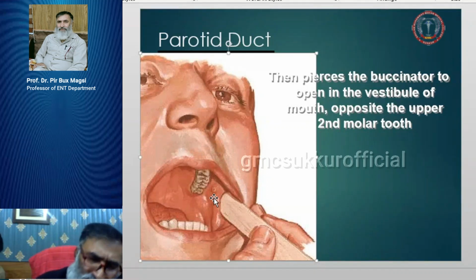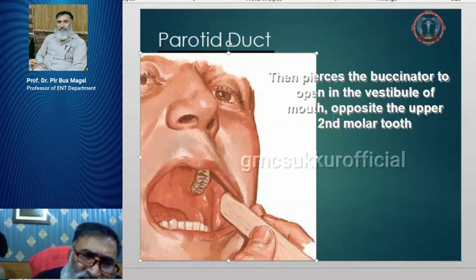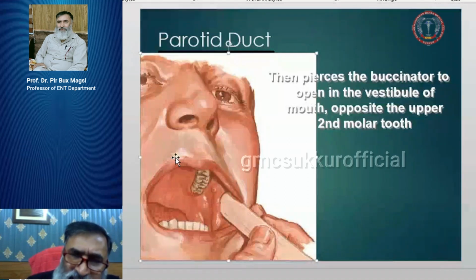So these shed epithelial cells and thick mucus block the opening of the parotid duct. This blockage causes enlargement of the parotid gland, and the stay of secretion in the gland invites bacteria.